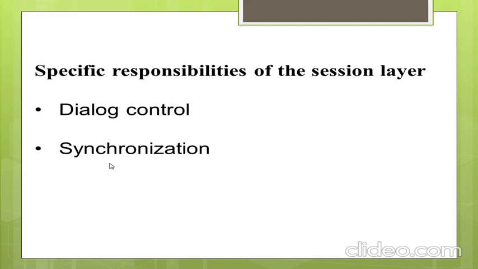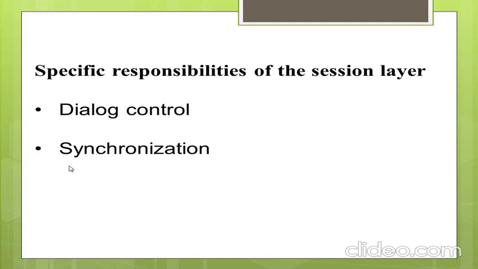Under synchronization, the session layer allows a process to add checkpoints to a continuous stream of data. For example, if a system is sending a file of some 1000 pages, it is advisable to insert checkpoints after every 100 pages. This is to ensure that each 100 page unit is received and acknowledged independently.